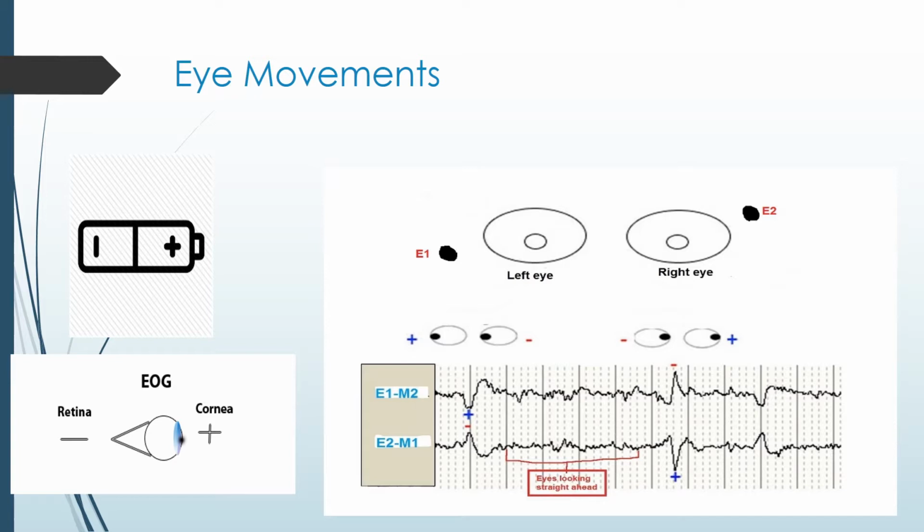Anytime the cornea and the retina move, we will see movements in the EOG channel recording. For example, if you take a look at your picture on the right, in the middle of that recording there, you have where the eyes are looking ahead, and to the left and right of that, you see the eyes looking left and right. So the red line in the text box there is showing you what the recording looks like when the eyes are looking straight ahead.